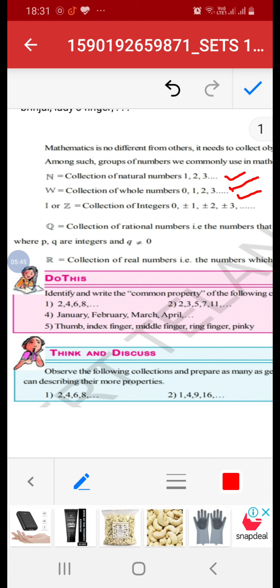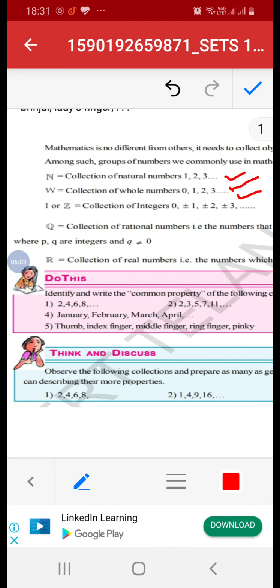They have some particular property which is binding them. For natural numbers, we start counting from 1, 2, 3, 4 and so on. So a set contains all the natural numbers in it. So this collection of objects is considered a well-defined collection of objects.